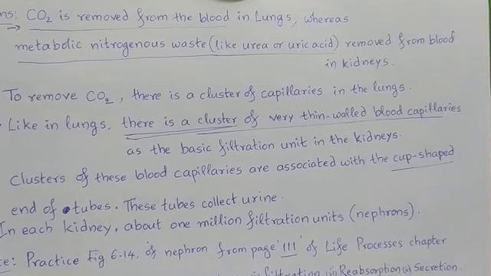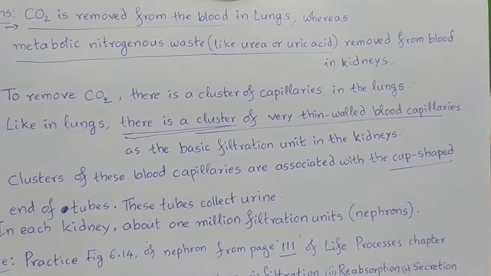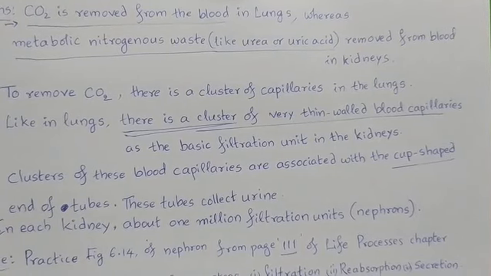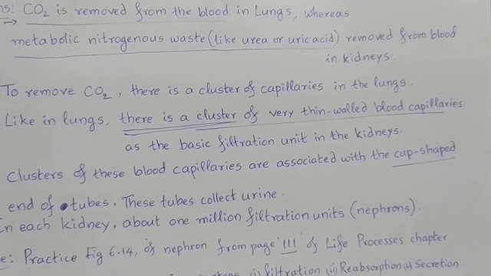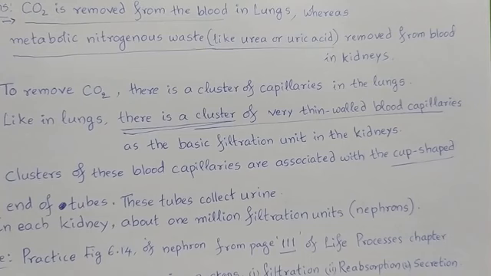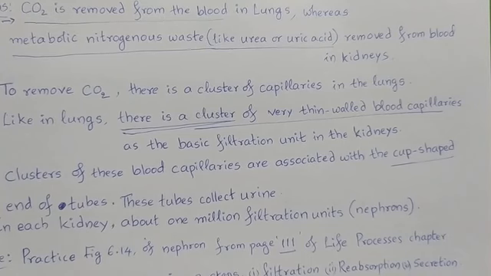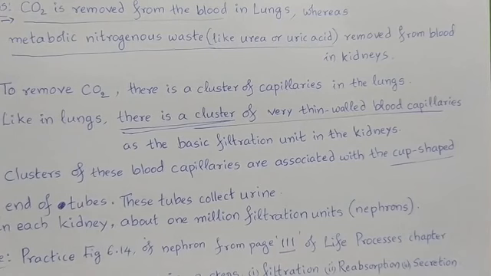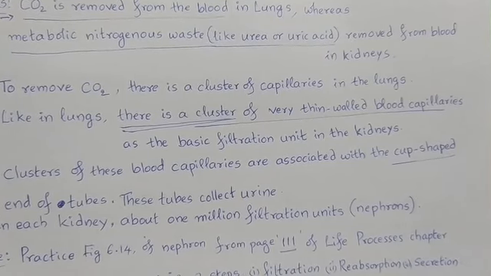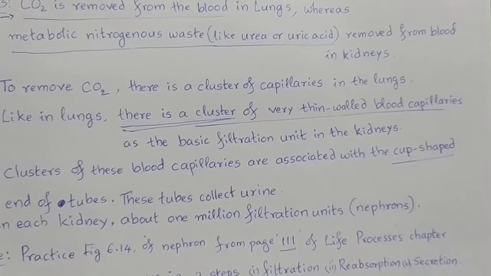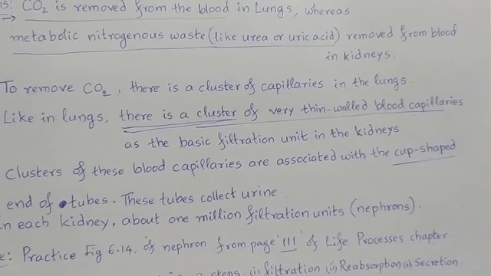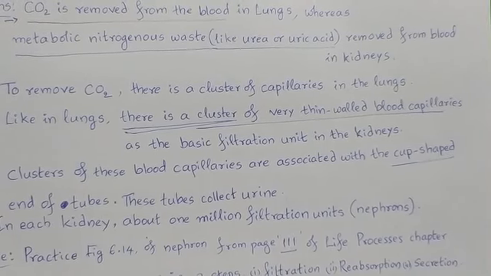Like in lungs, there is a cluster of very thin-walled blood capillaries as the basic filtration unit in the kidneys. The cluster of very thin-walled capillaries in the lungs is associated with alveolus. Here, the cluster of very thin-walled blood capillaries is associated with the cup-shaped ends of some tubes.